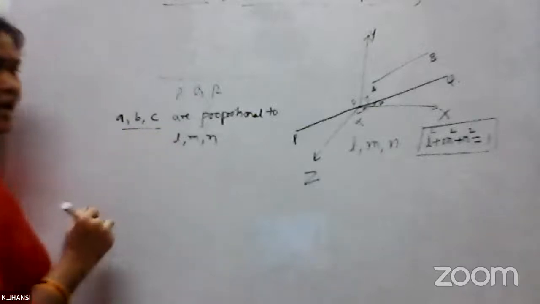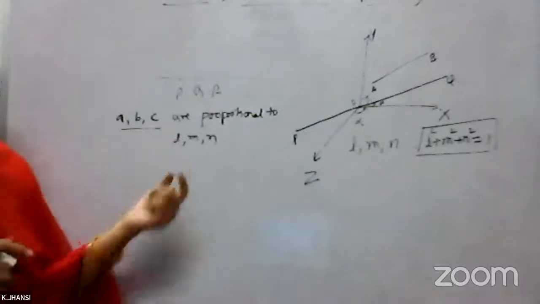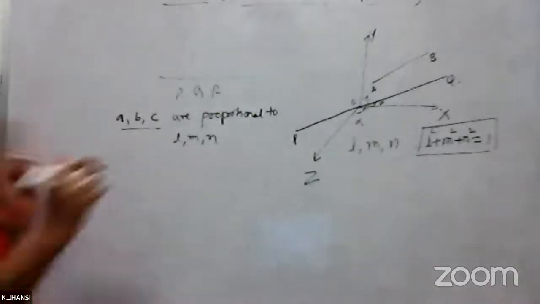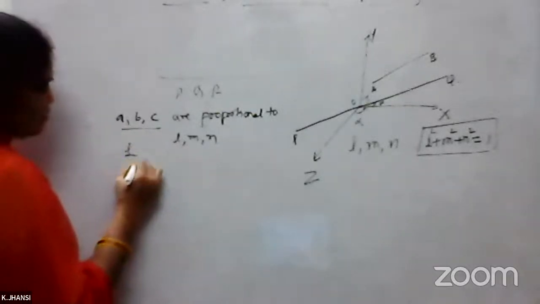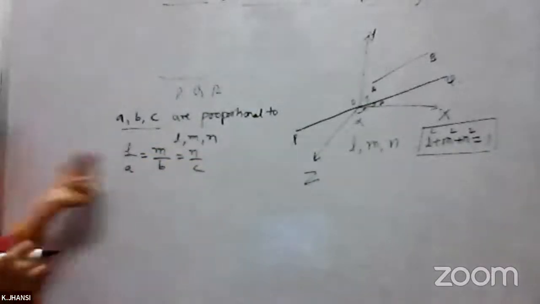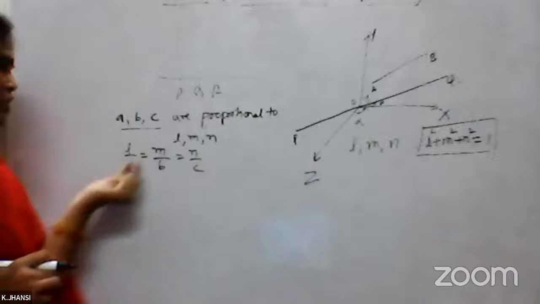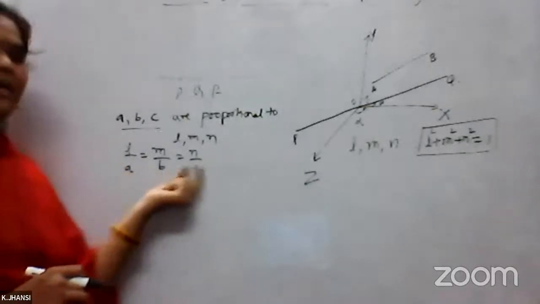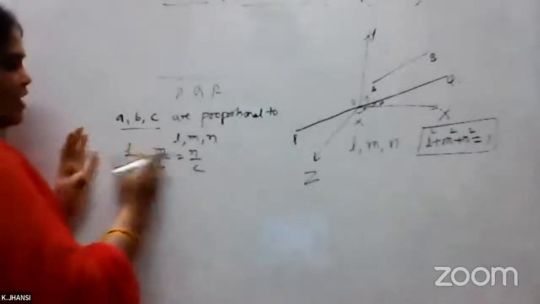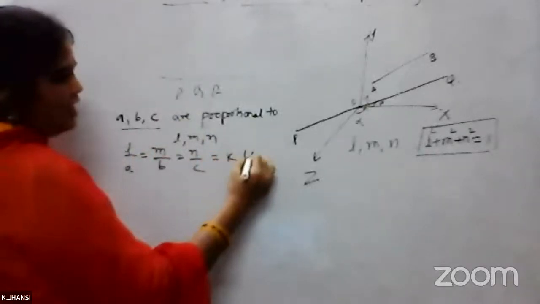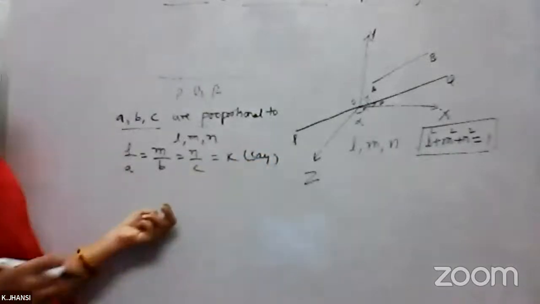So these a, b, c are called direction ratios. We represent them like this: l by a equals m by b equals n by c. Since l, m, n are proportional, we write them as a, b, c. Whenever we write them as proportional, we take a constant, say k here.